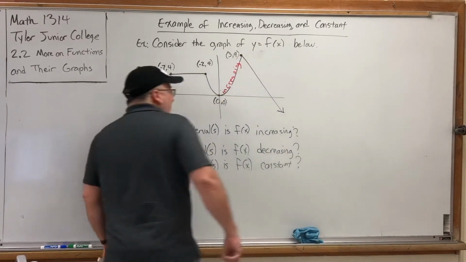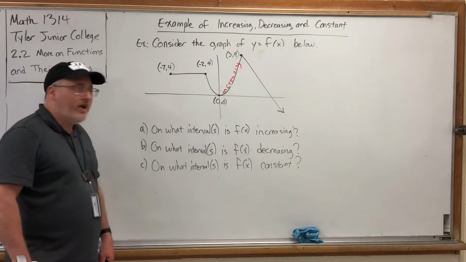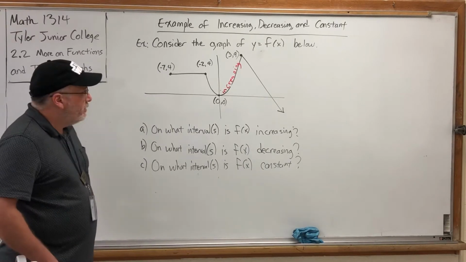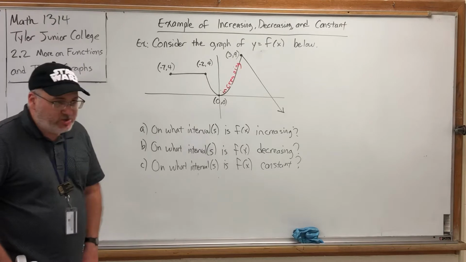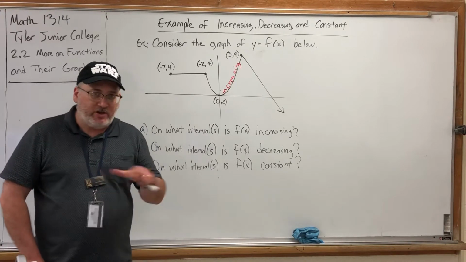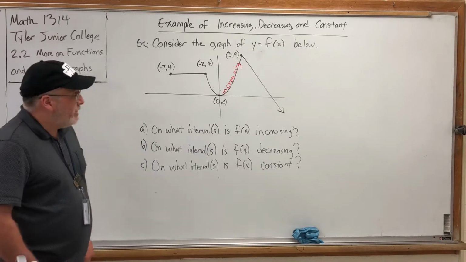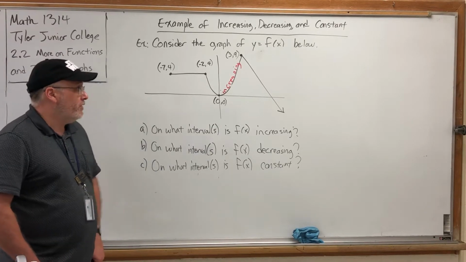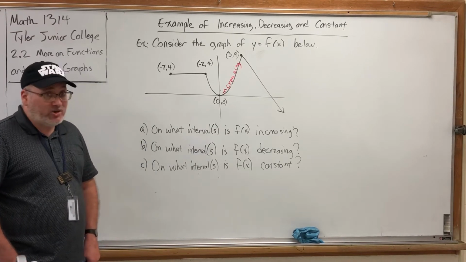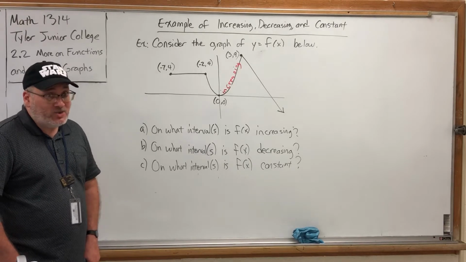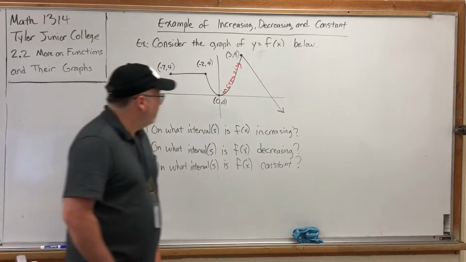Now, how are we going to describe where it's increasing? Remember, the definition says that a function is increasing on an interval on the x-axis. So when we identify the portion of the graph where the function is increasing, we need to ask ourselves, where is this relative to the x-axis?